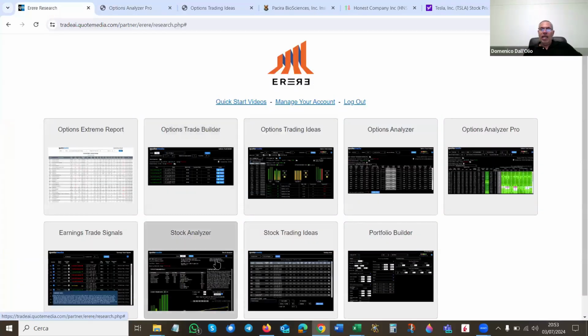If you are an equity trader, stocks and ETFs, you might enjoy the stock analyzer, and especially the portfolio builder, which combines statistical parameters, fundamental parameters, technical analysis parameters, and allows you to create the best portfolios ever and to monitor them in time, compare them with the benchmark and the like. It's a very powerful instrument. Maybe, Samuel, we should think of another webinar dedicated to these instruments.